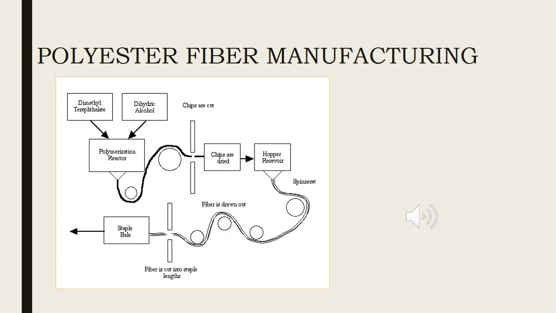The polyester fiber manufacturing scheme is shown in the slide. The manufacturing process of polyester fiber includes the following main steps: polymerization, melt spinning, drying, annealing and cutting. Polymerization. Purified terephthalic acid, which is a white powder, is fed by a screw conveyor into hot monoethylene glycol to dissolve it.